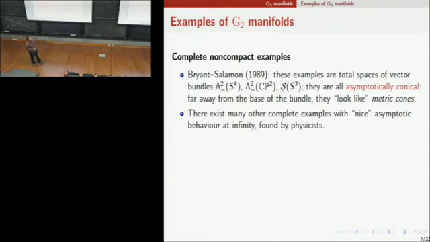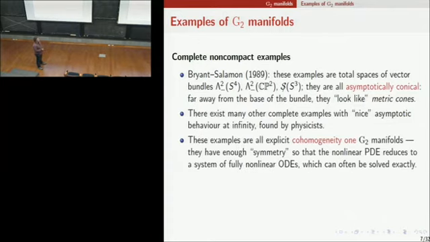Most of these are found by physicists. There's a whole industry of finding these things, and I can't keep up with all the examples. But I think almost all of them, and possibly all of them, are cohomogeneity 1 G2 metrics. That means they assume that there's a group acting on the manifold, preserving the structure, with orbits of cohomogeneity 1.